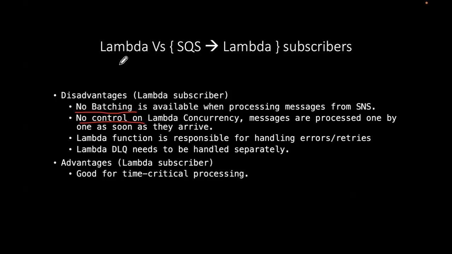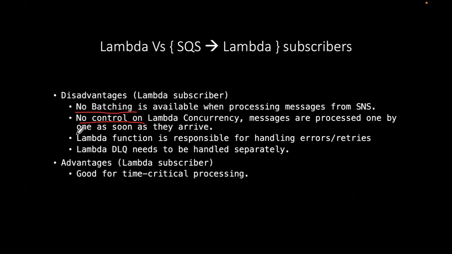The single micro VM that's running the Lambda has to deal with the large volume of messages that it's being hit with. And potentially that could cause the Lambda function to return a throttling error. So you have no control over the Lambda concurrency.